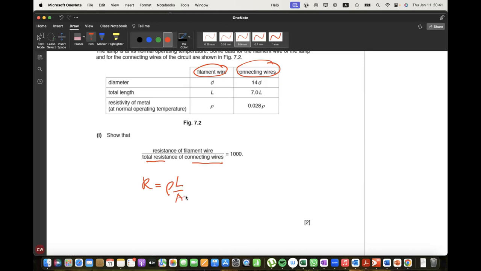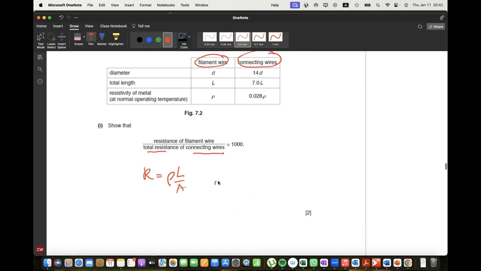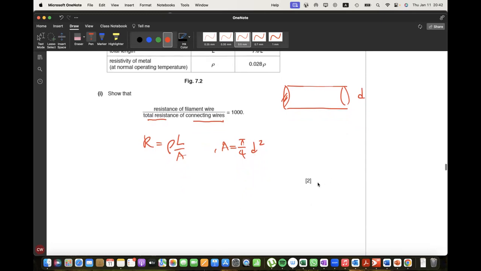Rho L over A. How do you show that this equals 1000? Can you show or not? A is equal to what for a wire? Formula for cross-sectional area, if you know the diameter: pi over 4 d squared. Can you try to prove whether you can get 1000 or not? Show me. I want to see whether you can get the 1000 for your calculation.